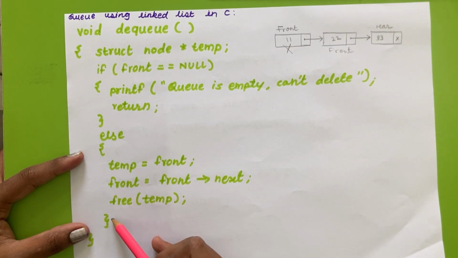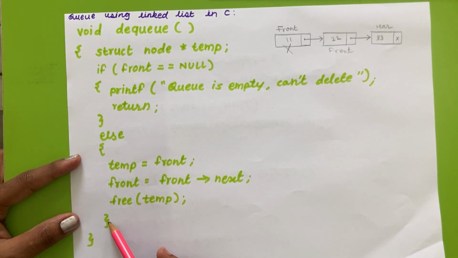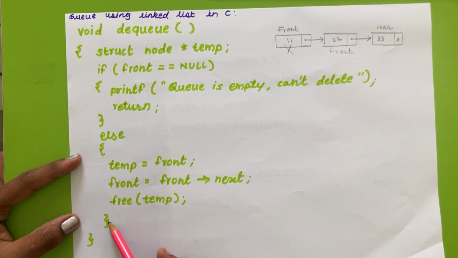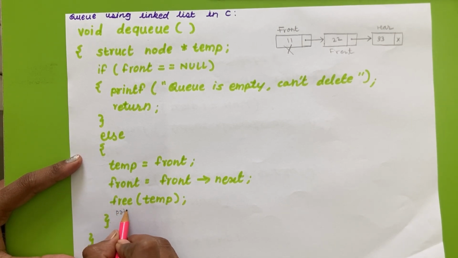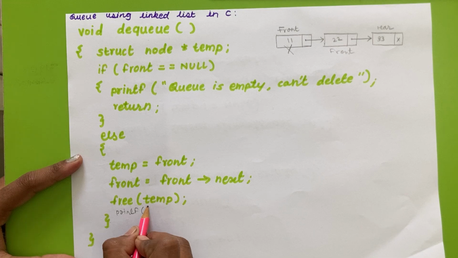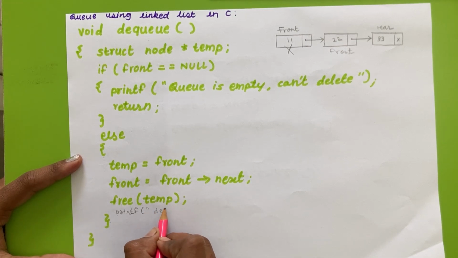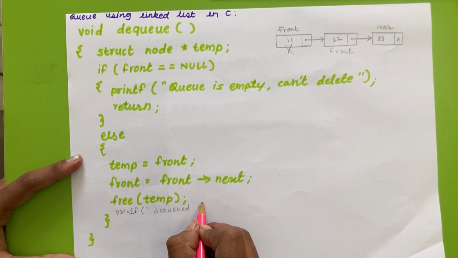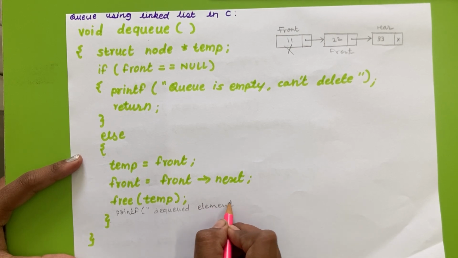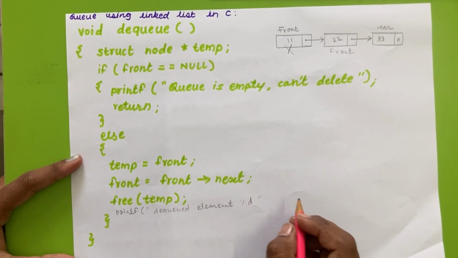Here the else part for the Dequeue function is completed, and here it will also complete the Dequeue function. Here you can also print "Dequeued element %d".